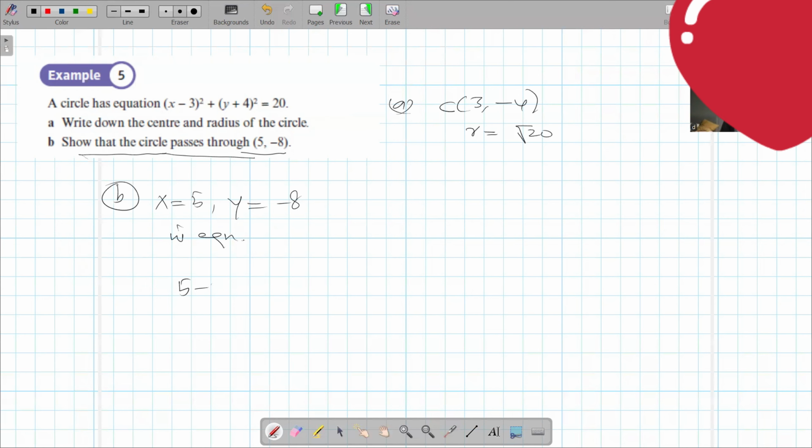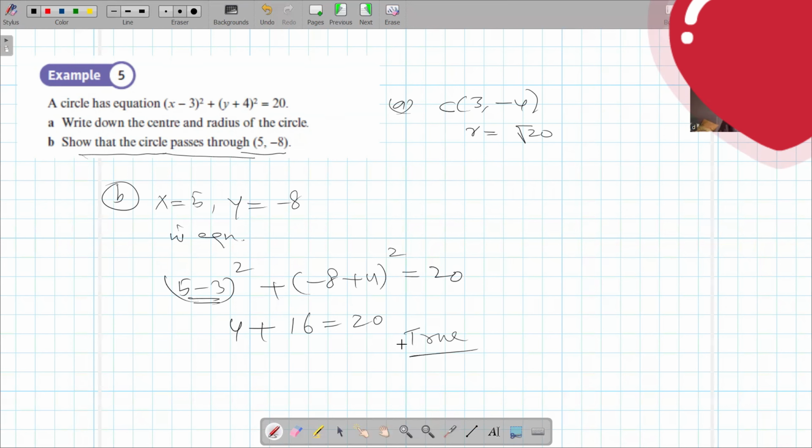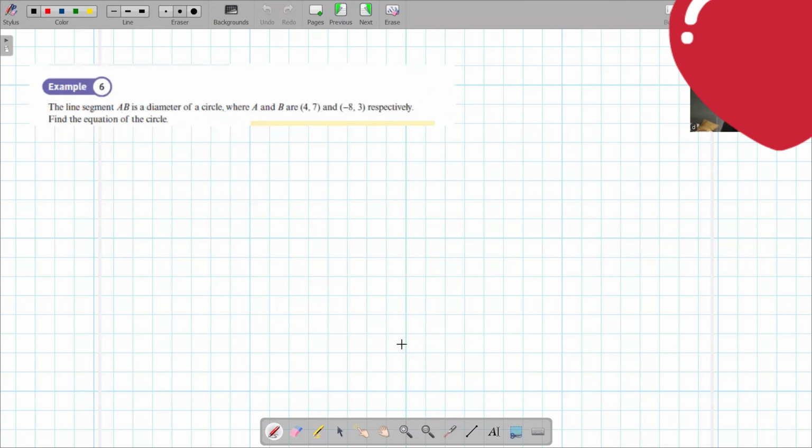So we will get 5 minus 3 squared plus -8 plus 4 squared equal to 20. If this comes out to be 20, then 2 squared is 4 and 16 is 20. So this is true. Therefore, we have proved that this point is on the circle.